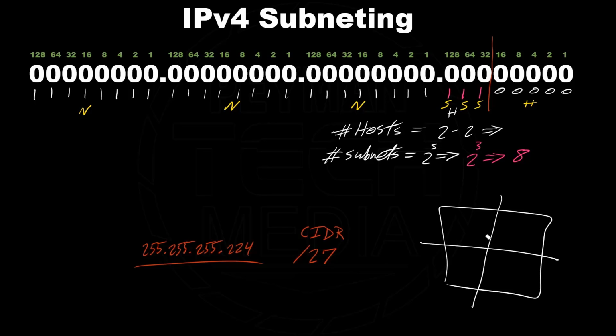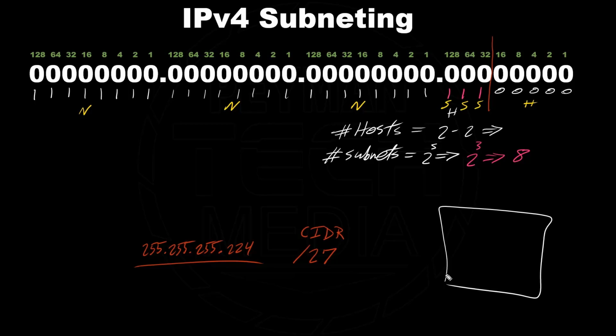So in other words, let's erase this. Originally, we had the default subnet mask class C, 255.255.255.0, that gave us 254 available IP addresses per network, right? If we had this big box with 254. But right now, using this CIDR notation, /27, this is subnetting.